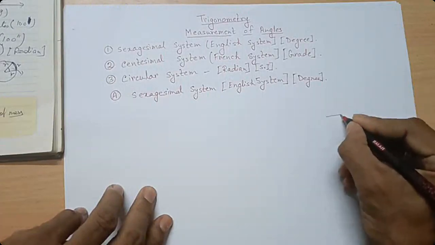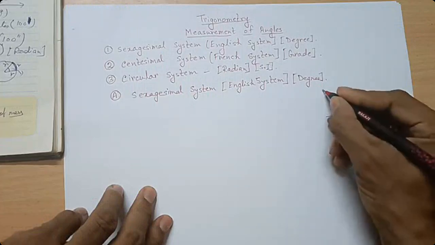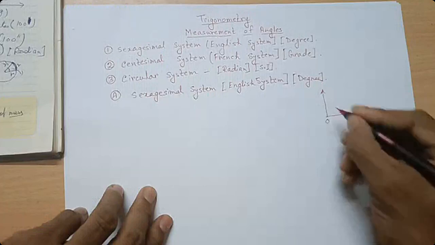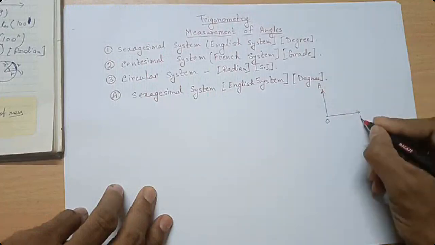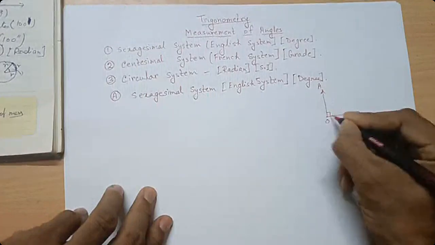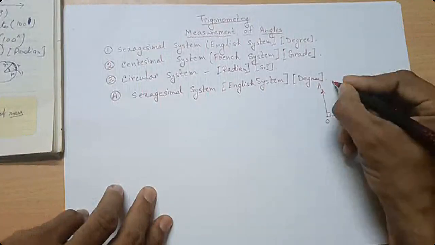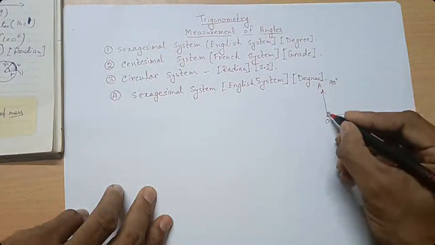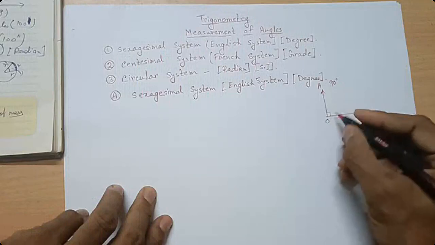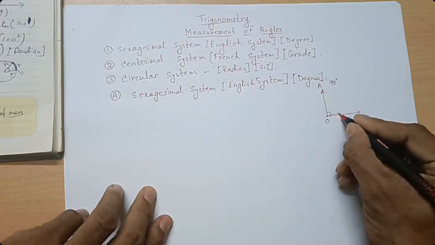Suppose we have taken a right angle triangle, and suppose this is 90 degrees. If we divide this angle into 90 equal parts, then each part is 1 degree.